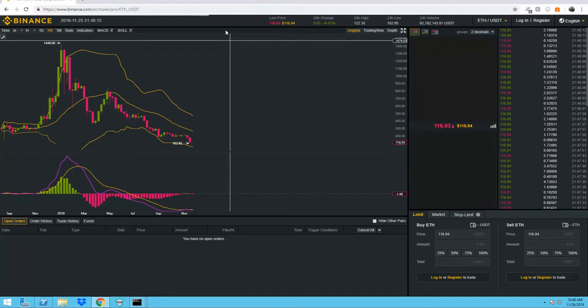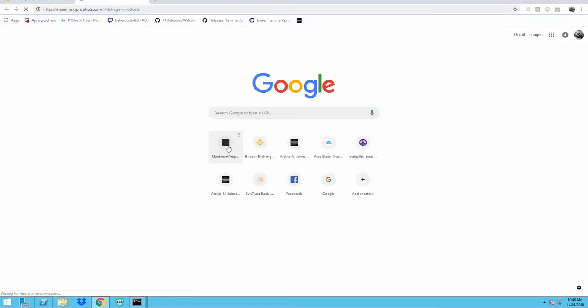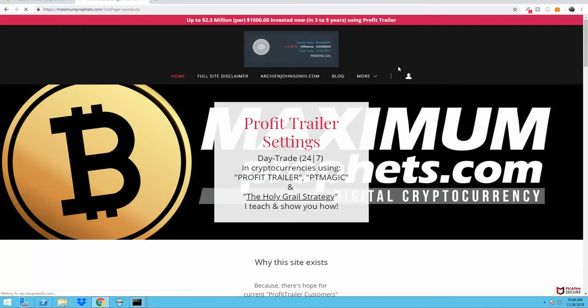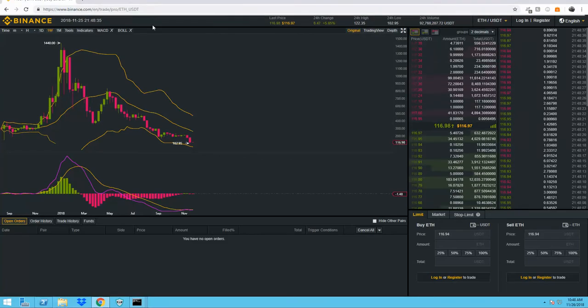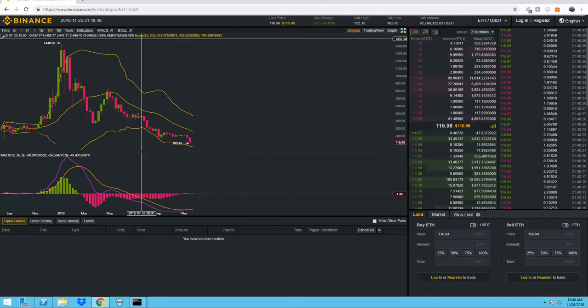Alright, and so really what I want to do is show you my website. I've gone ahead and removed the Bitcoin projection here because you guys can't log into it. So forgive me for even bringing this up. All right, so this is Ethereum currently on the 1-week chart.